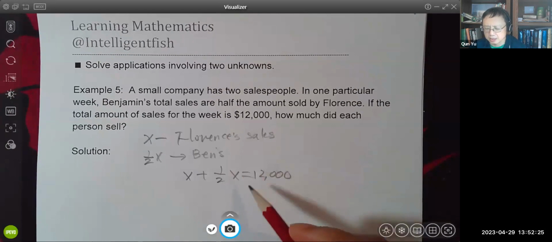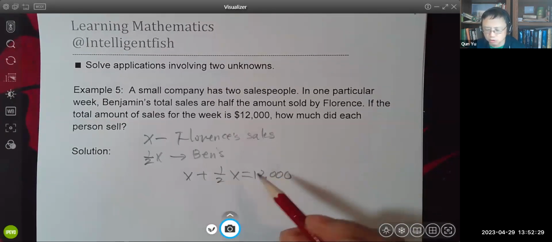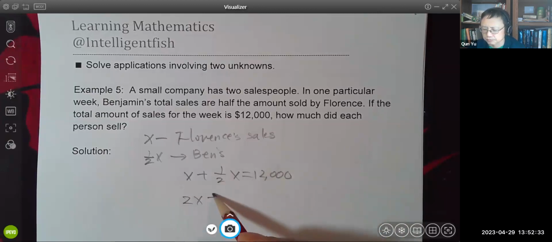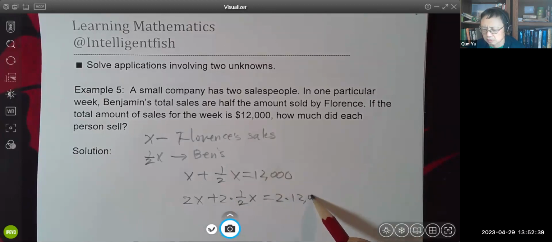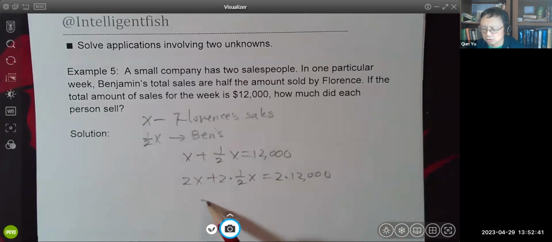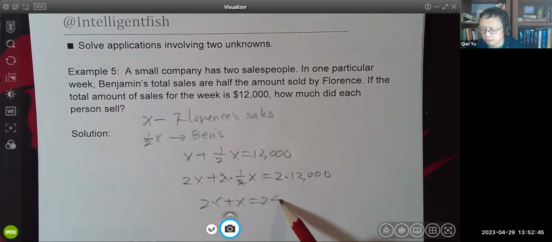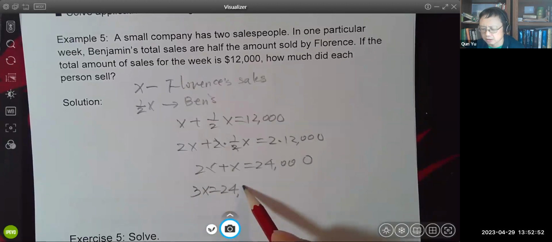Now, all we need is to multiply by 2 on both sides. You can combine them together first, or you can just multiply by 2, either way. So I multiply by 2. Don't forget each term, okay? So this is 2x plus x equals 24,000. That is 3x equals 24,000.